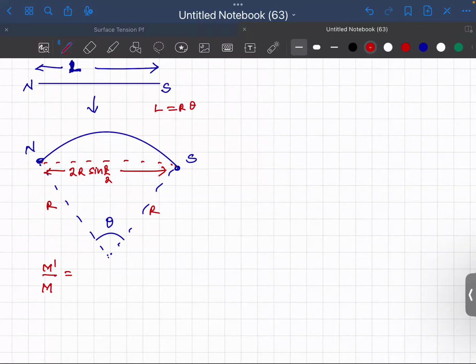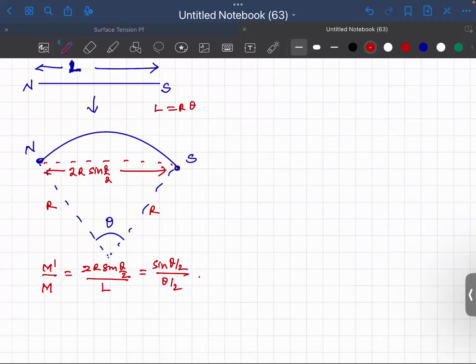The m dash by m is now simply 2R sine theta by 2 divided by the length. So literally this is sine theta by 2 divided by theta by 2. This is how the magnetic moment is affected just because of the bending.